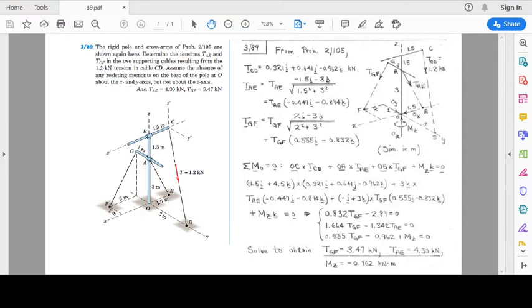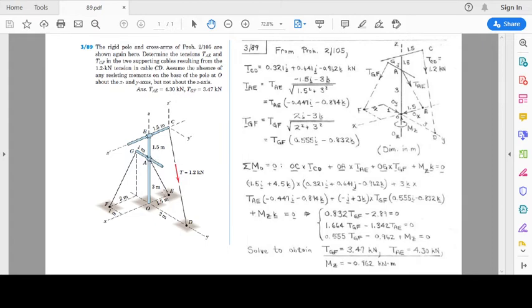So the rigid pole and cross arms of the previous problem are again shown here. We have to determine the tensions TAE in the two cables.